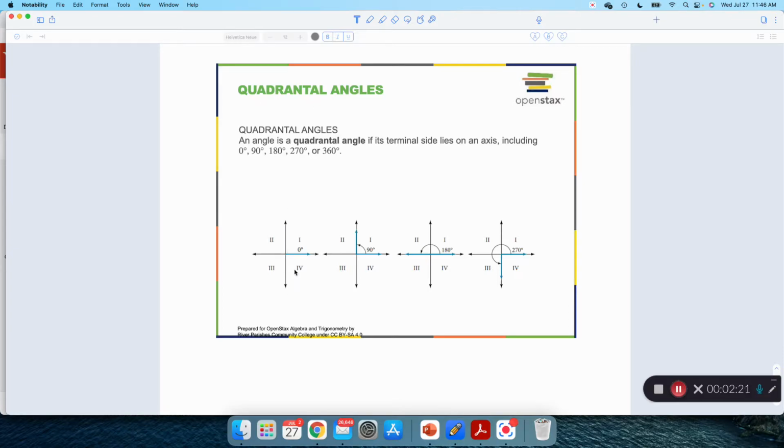They mark off the quadrants. 90 degrees, a right angle. 180 degrees, which we call a straight angle. 270 degrees, 3/4 of the way around. I don't think this one has a special name. If it does, I've never heard it. And of course, if we rotate all the way around a complete circle, we would get 360 degrees.